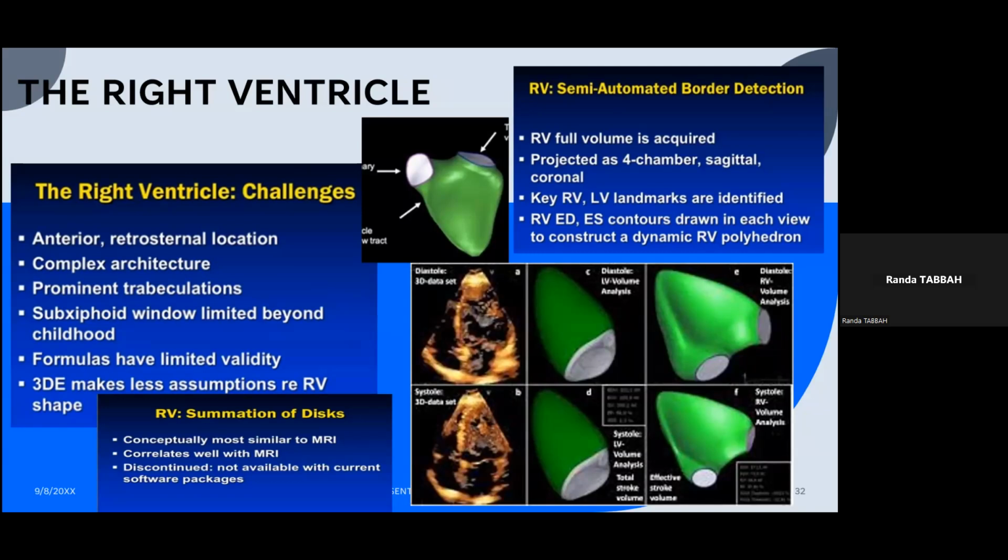So we have some special techniques to evaluate the volume and the ejection fraction of the right ventricle, if there is any RV dysfunction, and if we can also do the strain of the RV to see if we have any longitudinal contraction issues in the RV function. So 3D could also help us in these cases, and we can have a better evaluation of the complex architecture of the RV, and also the prominent trabeculation in these cases.